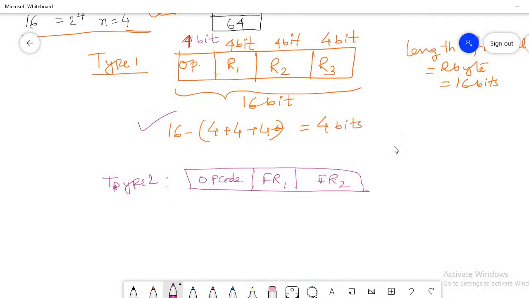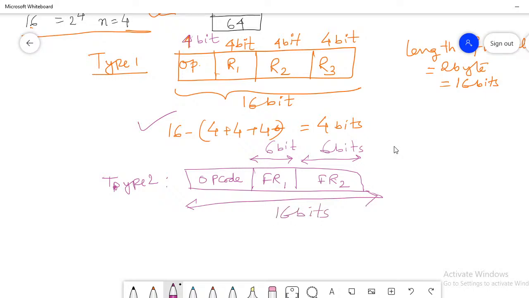So in this case the floating point register requires 6 bits, and here also you require 6 bits. And here also the total length is 2 bytes, that is 16 bits.